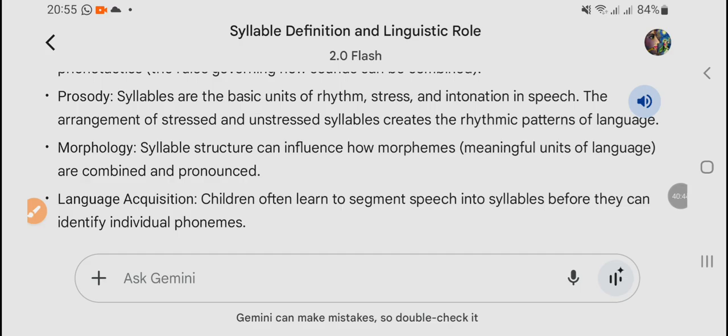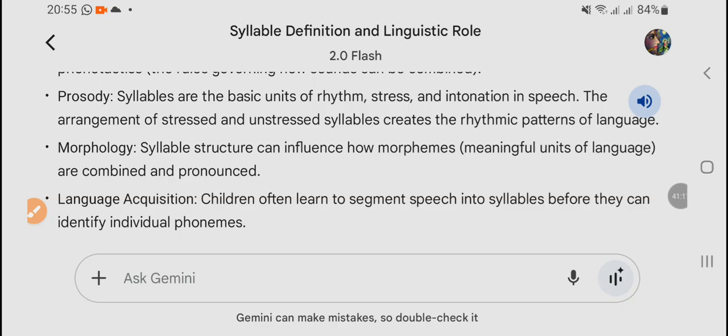Many examples you can find. Patriotic songs you can listen to. Syllables are actually the soul of songs, which are based on syllables. So this is called rhythm, stress and intonation in speech, where syllables play a vital role.